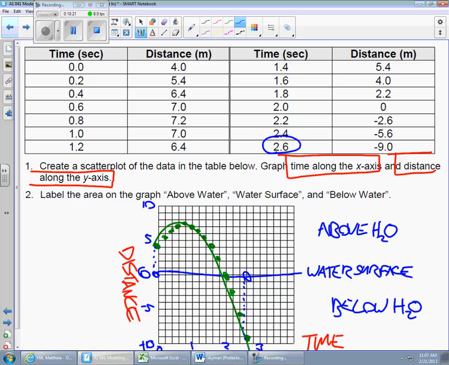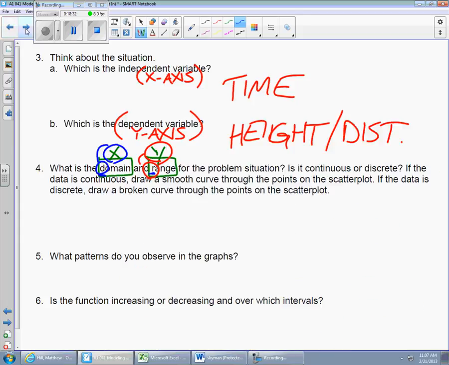So the graph begins in the domain on the x-axis at 0.0 seconds, and it doesn't quit until it gets out to 2.6 seconds. That's the answer to the question: what is the domain and range for the problem situation? Well, the domain is an x value, and x is between which two numbers?